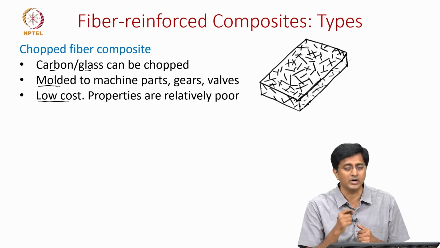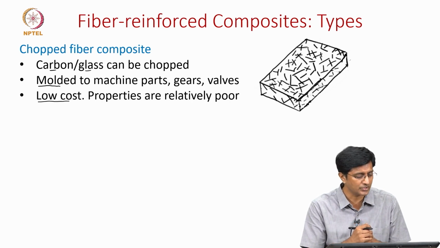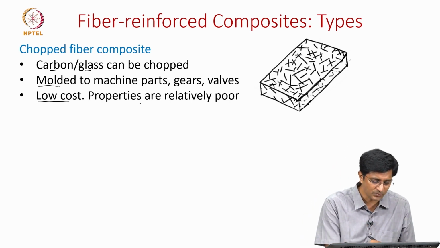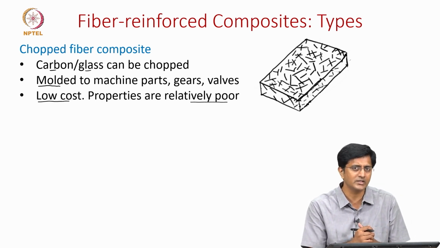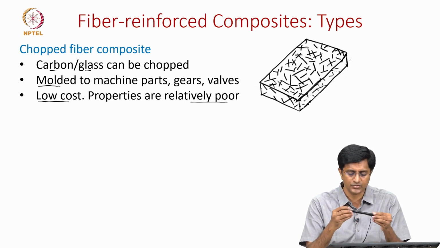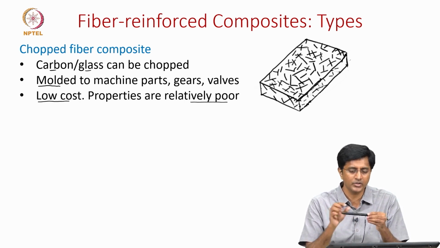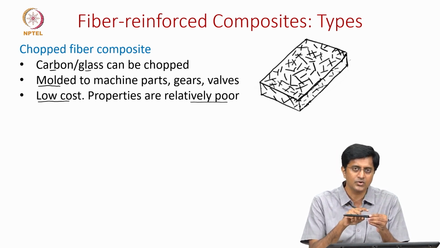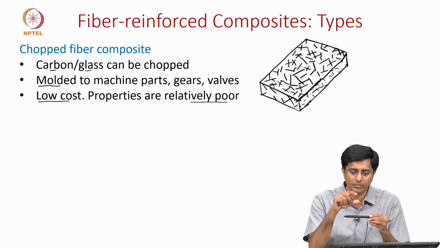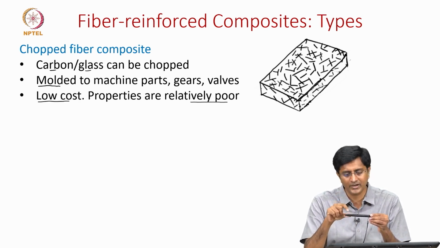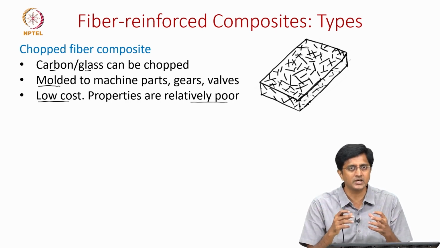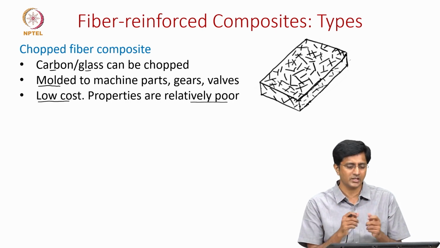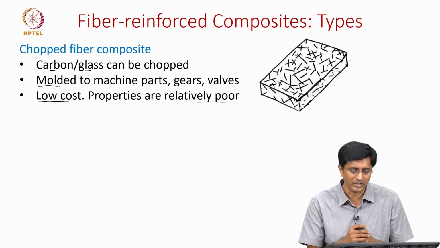But one major disadvantage of chopped fiber composites is that their properties are relatively poor, and we can now understand why. If it was a continuous fiber it can take loads, but now that there is a discontinuity, the load has to transfer from the fiber back to the matrix and again from the matrix to the second fiber or the third fiber, which means the matrix becomes a weak link while taking the loads.